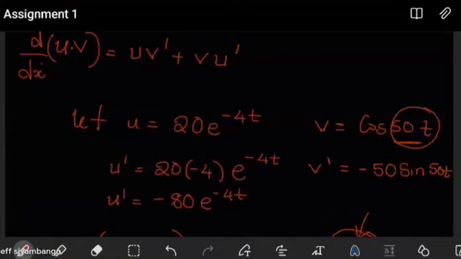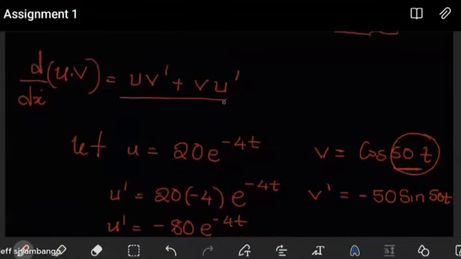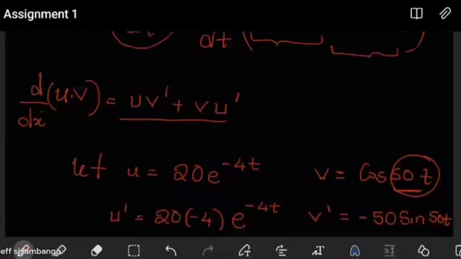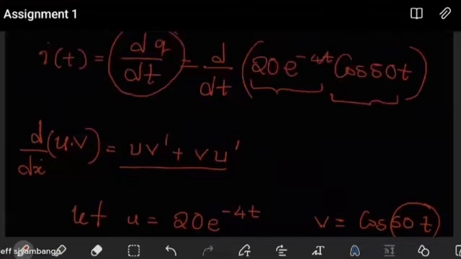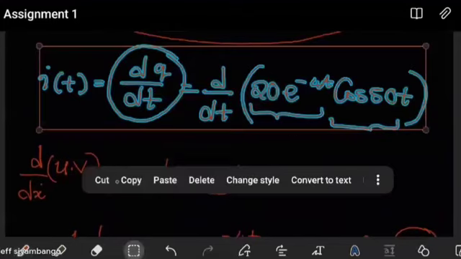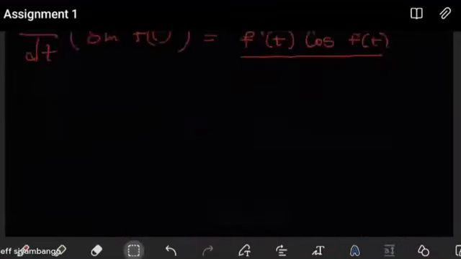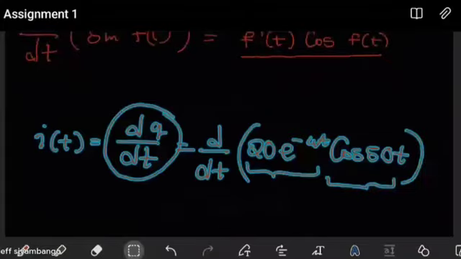Now I have V, I have V prime, I have U prime. Now I can use them in the definition of the product rule of differentiation. So what will be the solution here? Again, you could have just gone directly without having to state what U and V are by just differentiating the expression.